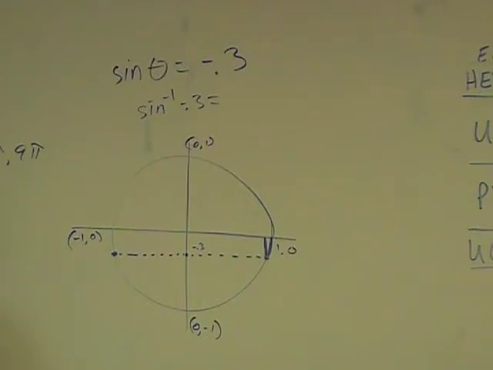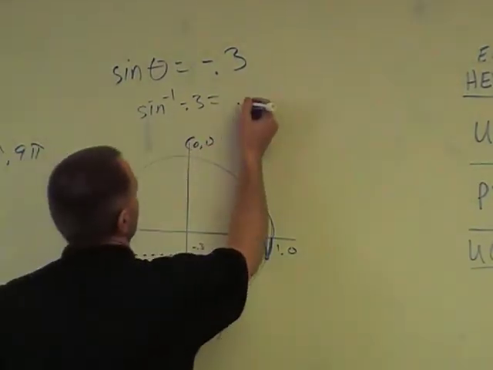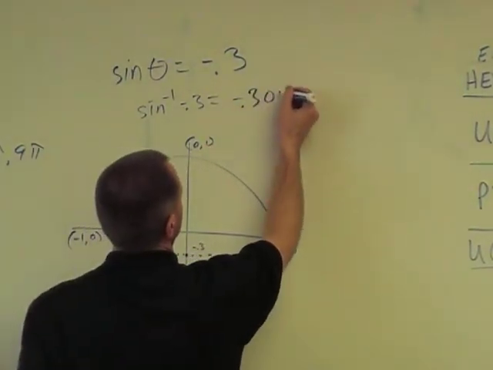Who's got the calculators? There's not a lot of calculator problems on here, but I want you to understand what it is you're finding when you have a problem you don't have the answer to. What do you get? Radian measure. Who's got the calculator? Negative 0.304.